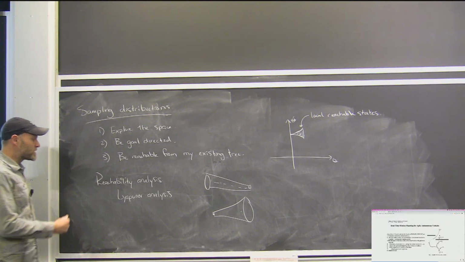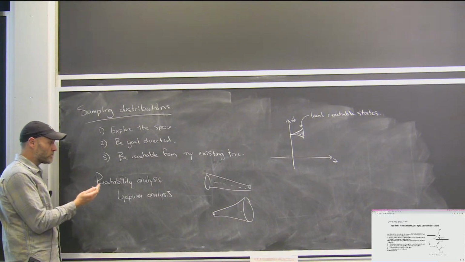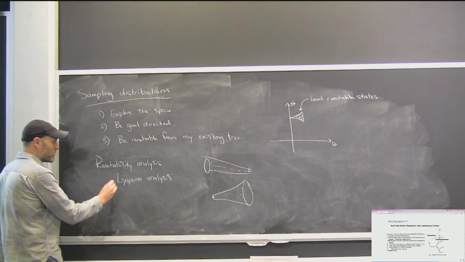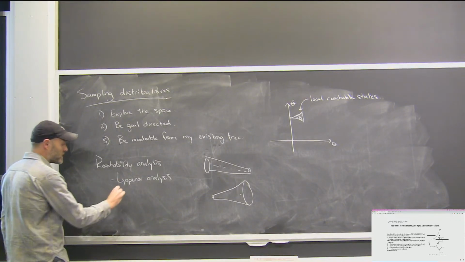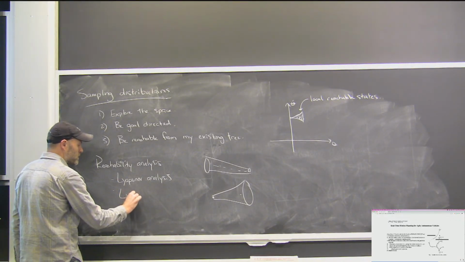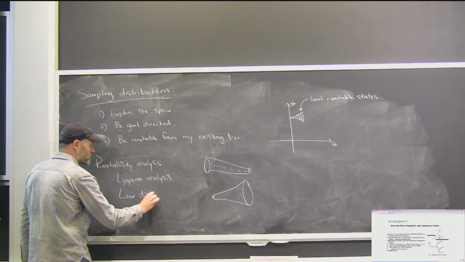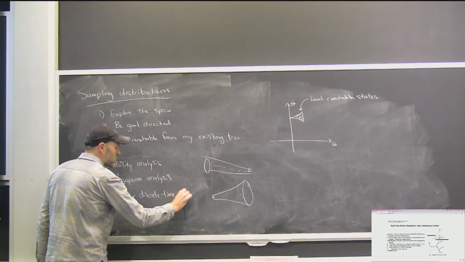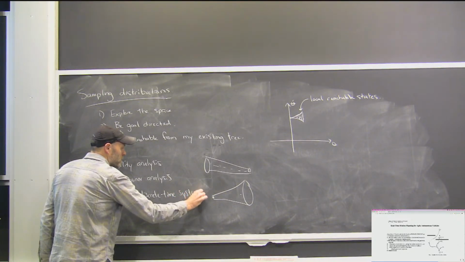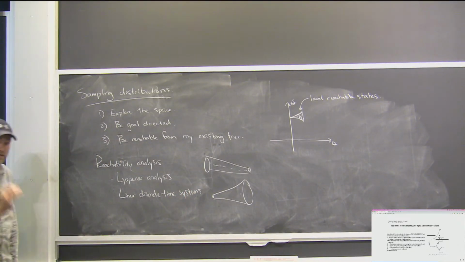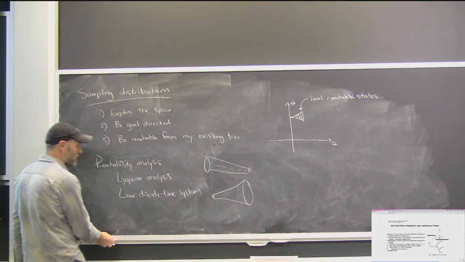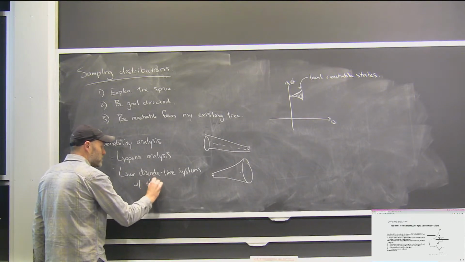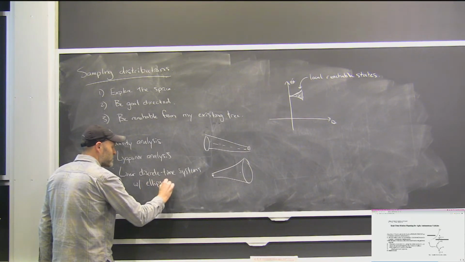And there are a lot of special cases where people have closed form solutions for reachability analysis. For instance, in linear systems, in discrete systems, it's relatively easy, in particular if you talk about ellipses or polytopes.